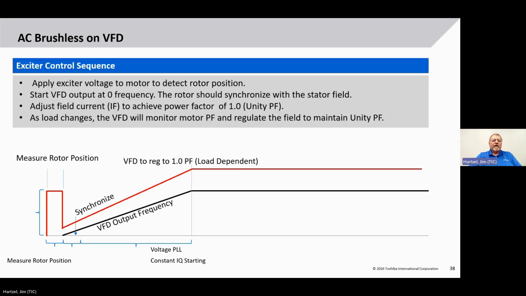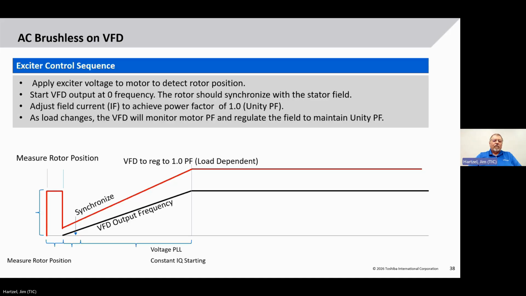And this is what it's going to look like. So our field initially, we're going to apply a pulse of field current. This is probably about a half a second or less. We're going to detect the proper phase relationship. Then we're going to start increasing the output frequency of the drive.